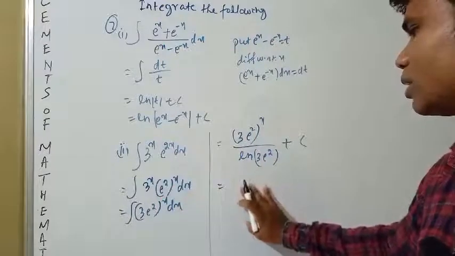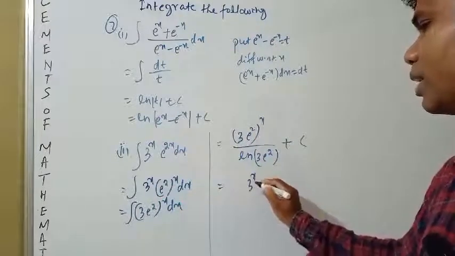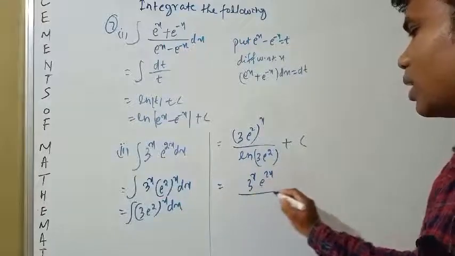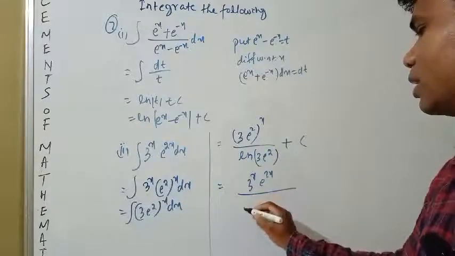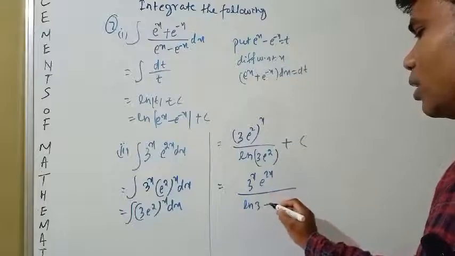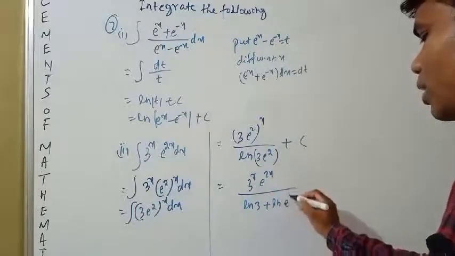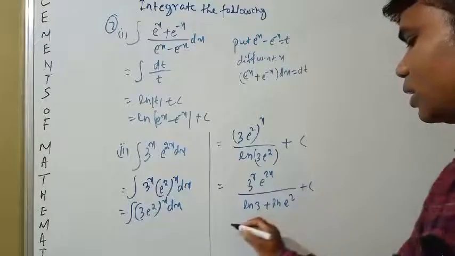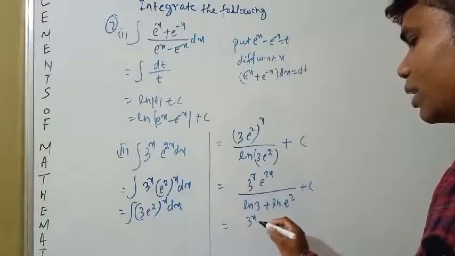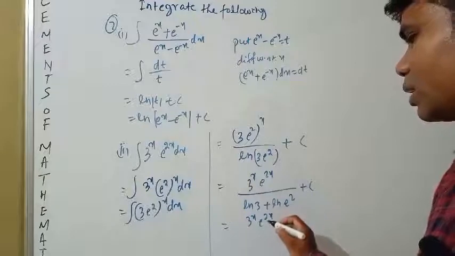This much: 3 to the power x e to the power 2x divided by ln 3 plus ln e to the power 2 plus c.